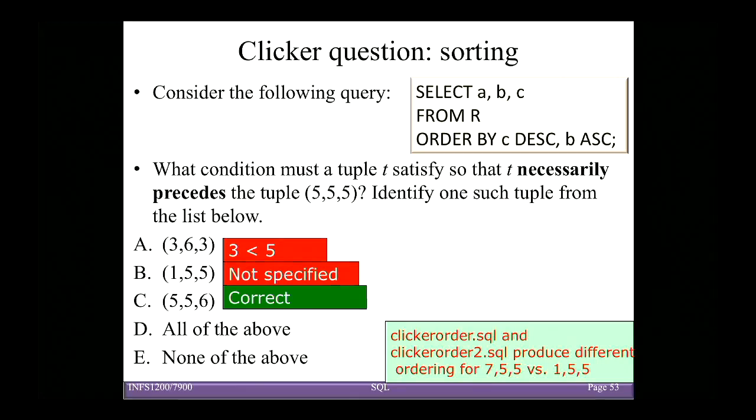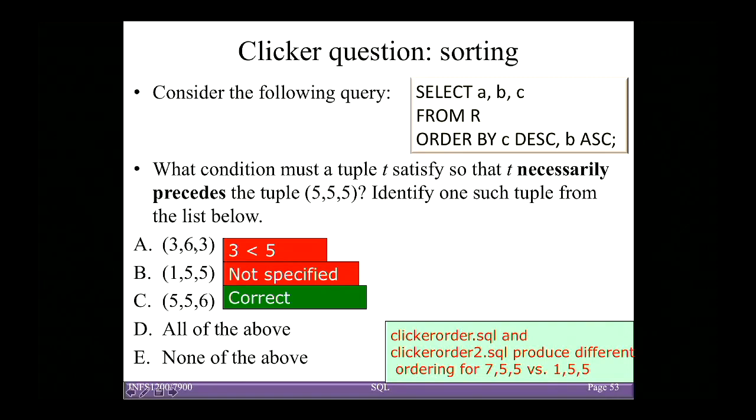It's not asking for any conditions, so the question could be better phrased. Thanks for that. Identify one such tuple from the list that would precede the tuple 5, 5, 5. So you have some conditions here, and you want to know which one of these you'll see in your table that would precede 5, 5, 5, right?